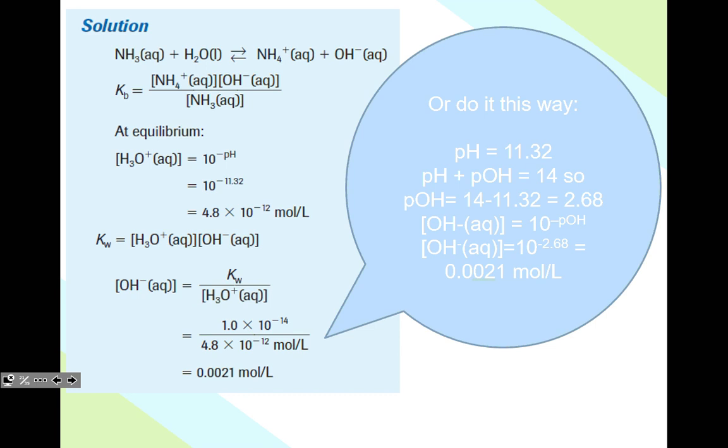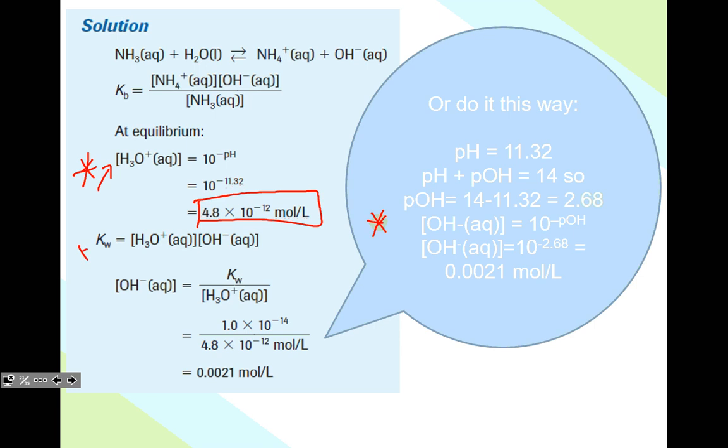All right, so here's one way. This is the Chem 30 way, and this is the Chem 20 way. Both are absolutely relevant. You can use both strategies interchangeably, whatever you're comfortable with. When you're talking about the Chem 30 way, to find the hydronium ion concentration, we just go 10 to the power of negative pH, and that's our hydronium ion concentration, right?